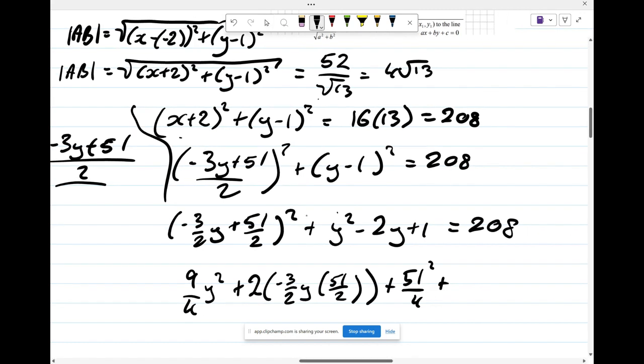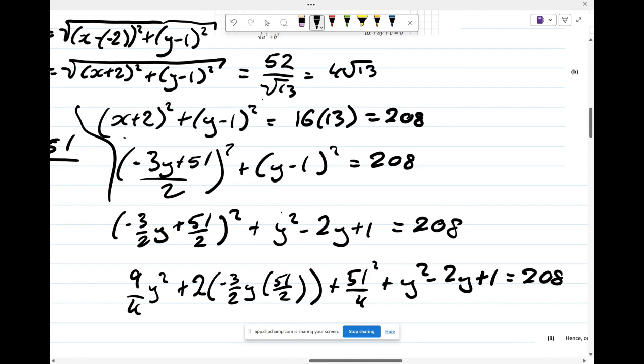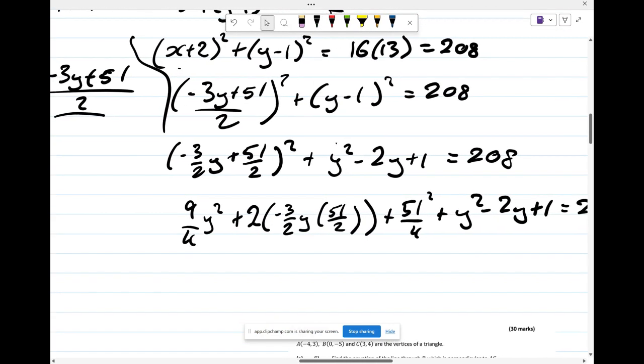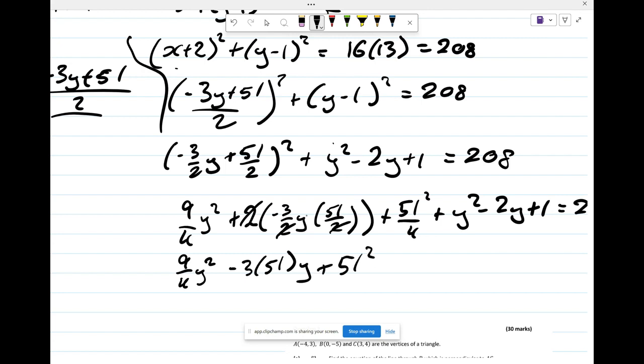And then don't forget y squared minus 2y plus 1 is equal to 208. So now we can keep multiplying: 9/4 y squared plus, this 2 will cancel with everything, minus 3 times 51 y, plus 51 squared over 4, plus y squared minus 2y plus 1 is equal to 208.